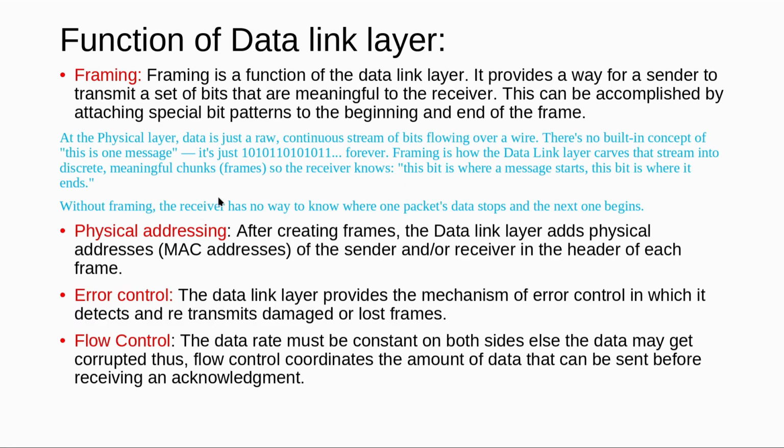At the physical layer, data is raw. It is a continuous stream of bits flowing over a wire, like 1010, with no built-in concept of one message. Framing is how the data link layer carves that stream into discrete, meaningful chunks, so that the receiver knows this is a message, this is where it starts, and this is where it ends.